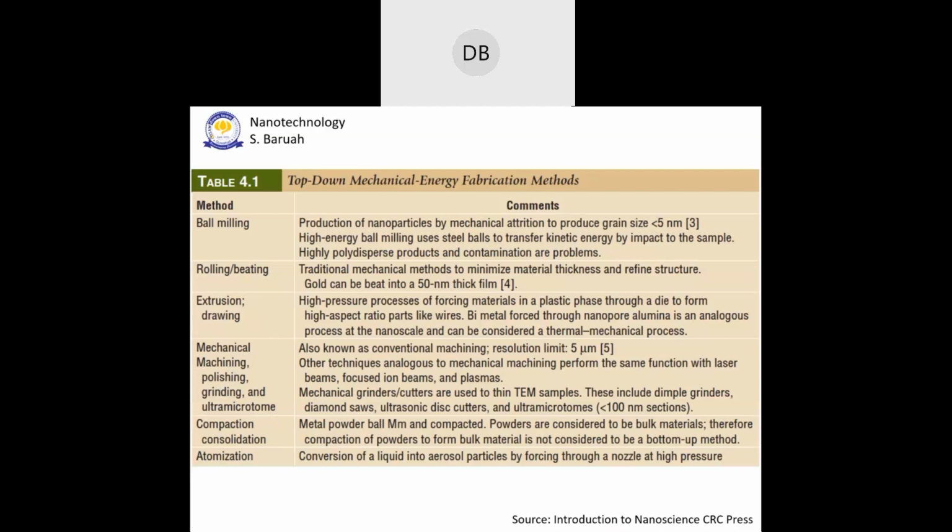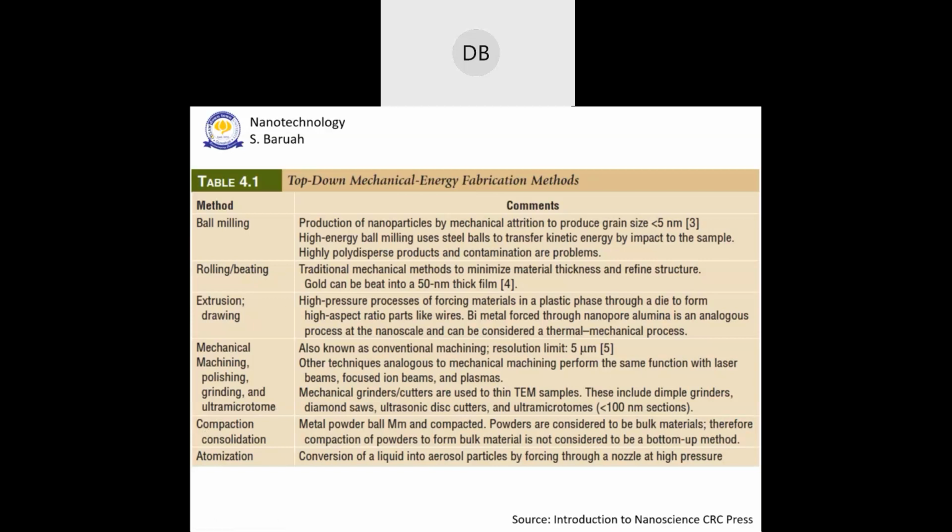Use a rough surface to keep on moving over a sample. Okay, that is polishing. Grinding is the same concept as a mixer grinder you have at home, right? A blade keeps on rotating at a very high speed, and your materials keep on getting smaller and smaller. Okay, similar processes. Ultramicrotome is a technique that you can use to slice material into very thin sizes.